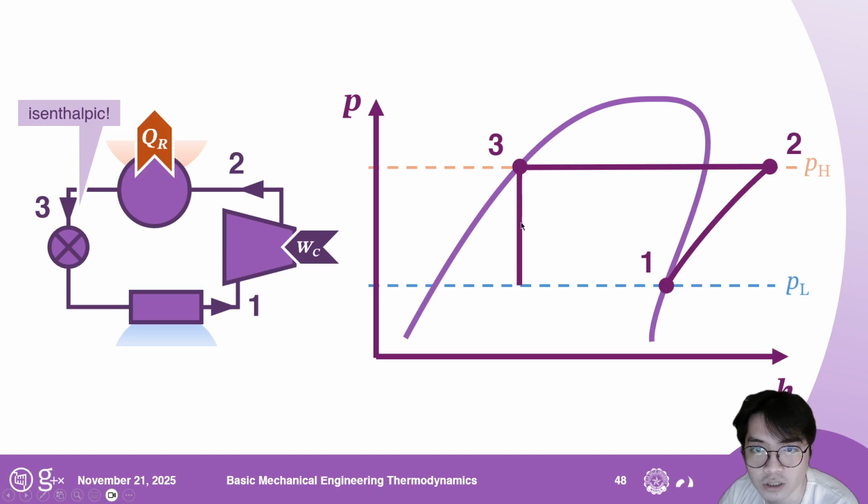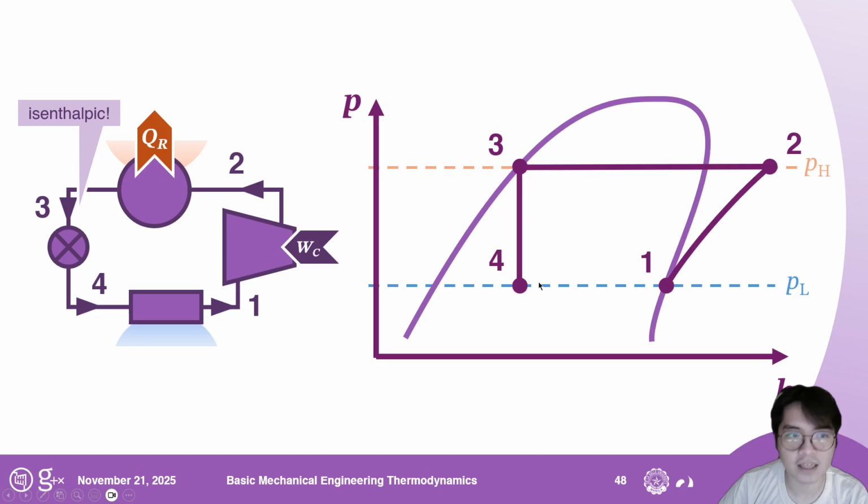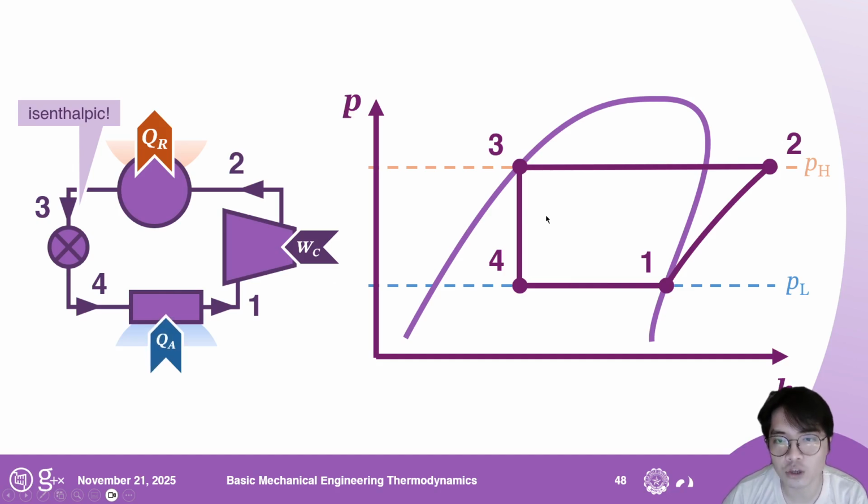This is why this is just a straight line downward, from state 3 to state 4. And then finally, from 4 to 1, this is going to be another isobaric process. So you just connect the two lines and you will have this.